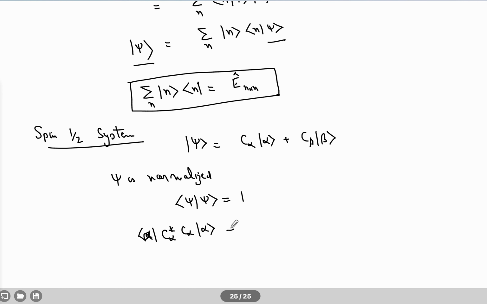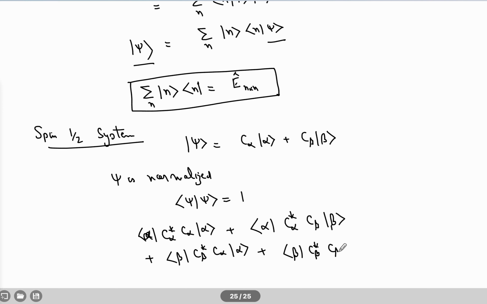That's how it will come here, plus you will have alpha C alpha star C beta and beta plus beta C beta star C alpha alpha plus beta C beta star C beta beta equal to 1, because this is equal to 1, so this whole thing will become equal to 1.